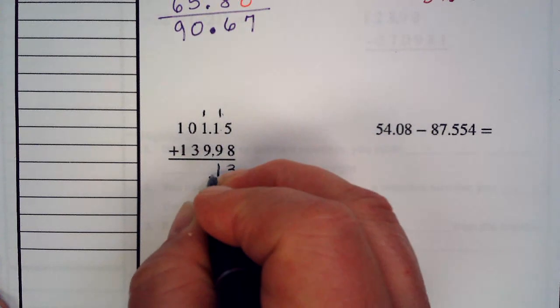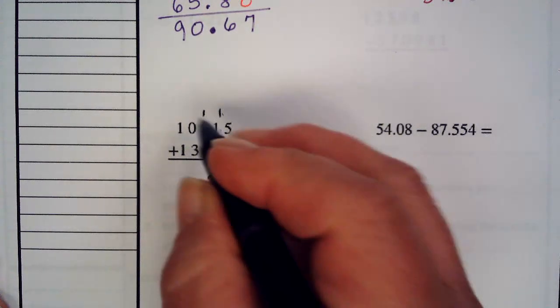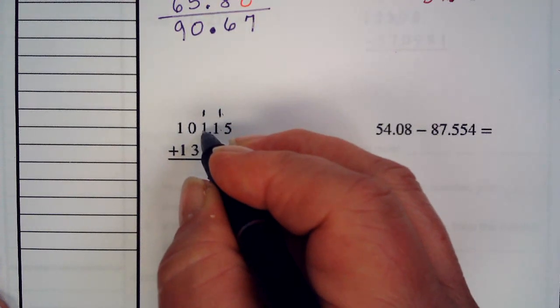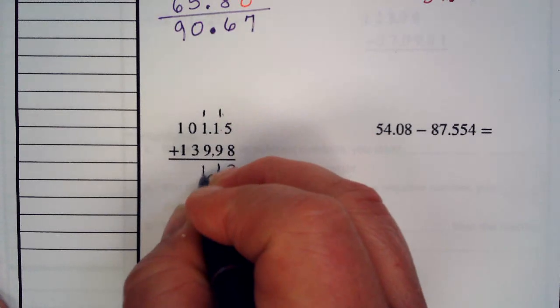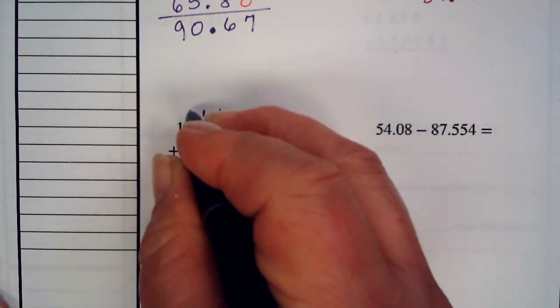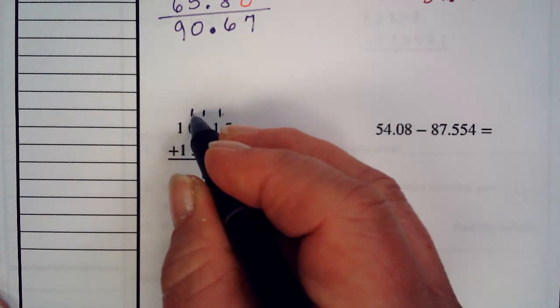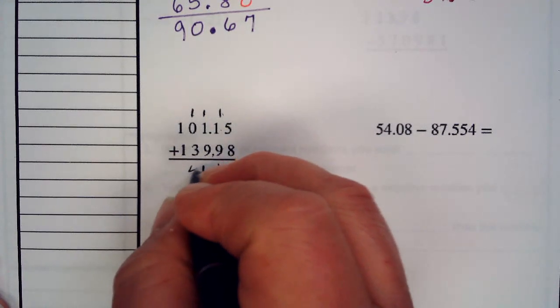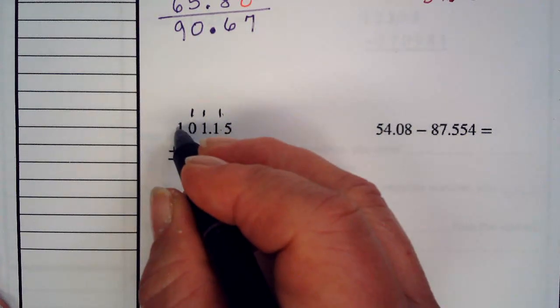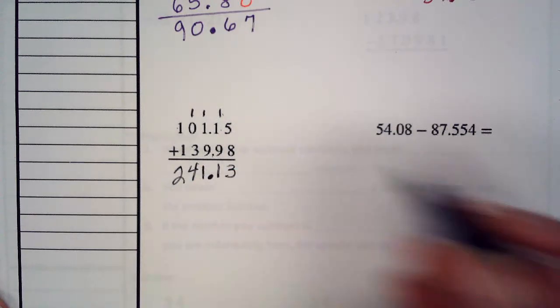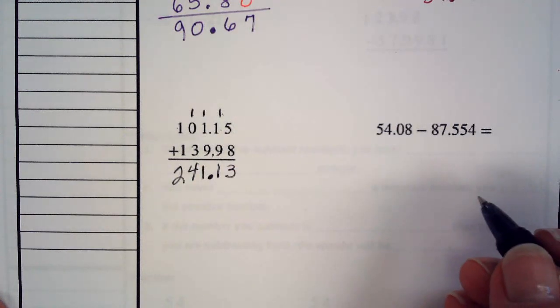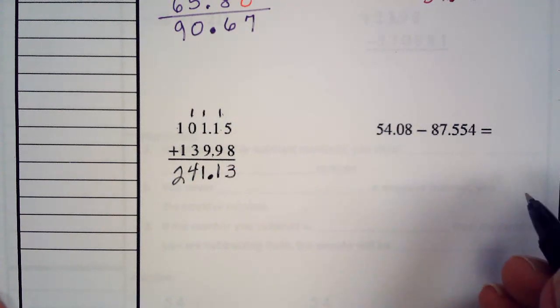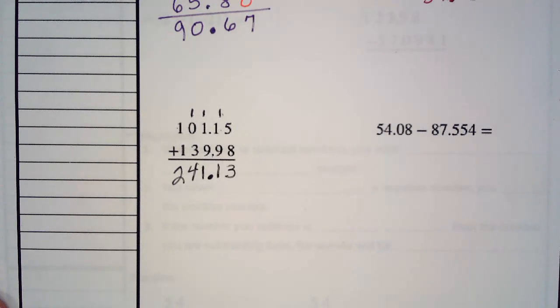Make sure you bring that decimal down. 1 plus 1 is 2. 2 plus 9 is 11. Put the 1 down, carry the 10s over. 1 plus 3 is 4. And then 1 plus 1 is 2. And we are done. There's one more. Pause the video and see if you can figure it out. If you can, that means you are understanding these concepts.